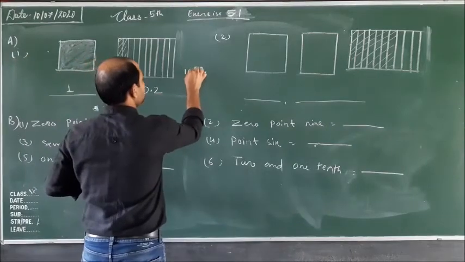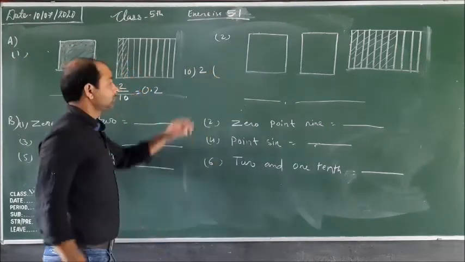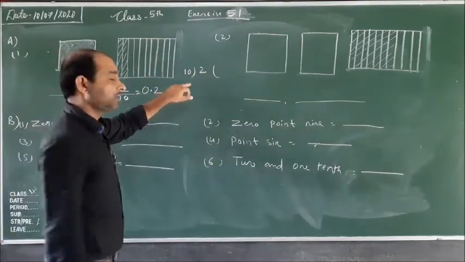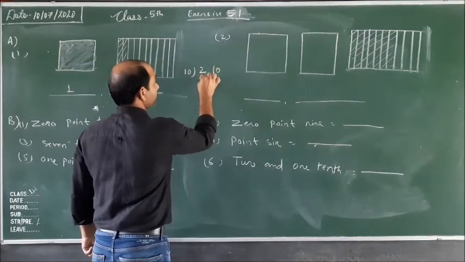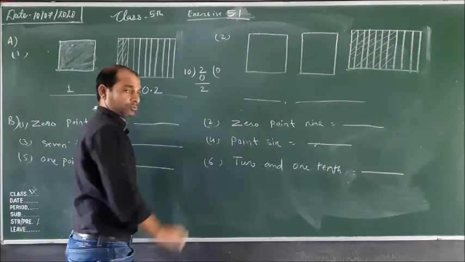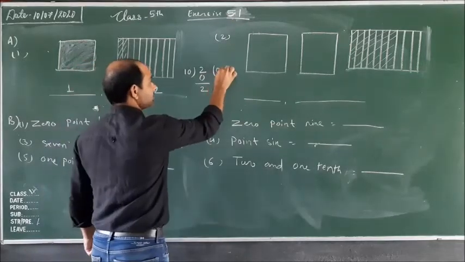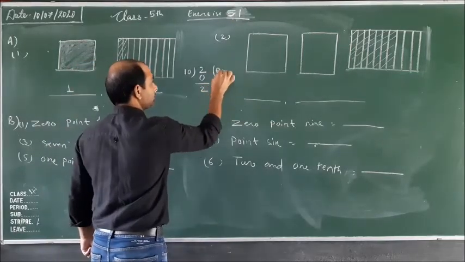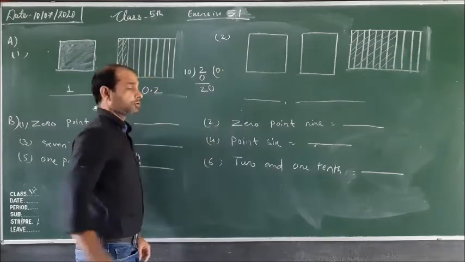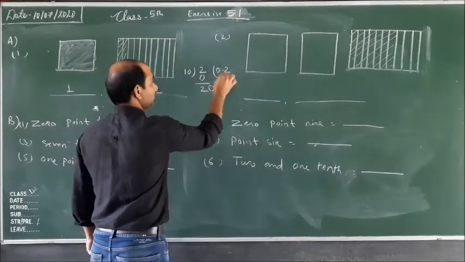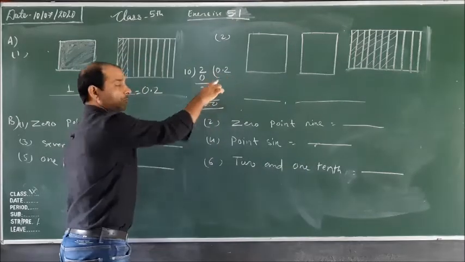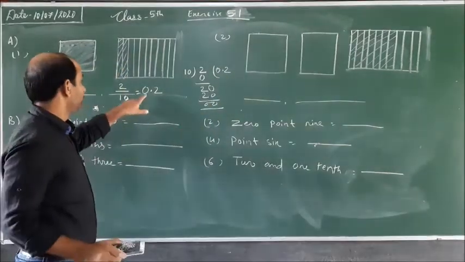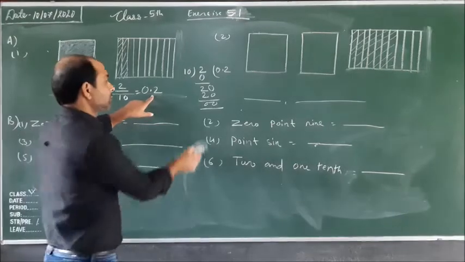So 2 divided by 10: 10 goes into 2 zero times, put a decimal point here and add a 0, so 20. 10 twos are 20, remainder 0. So we write 0.2.